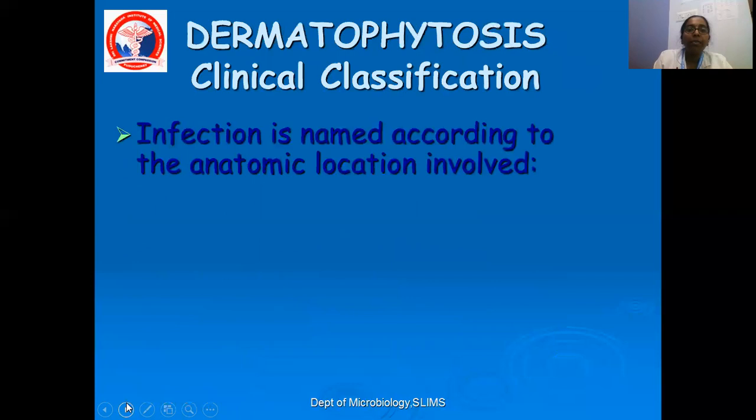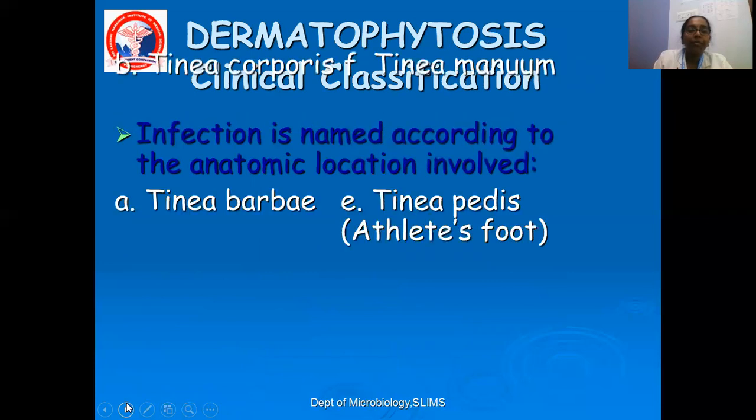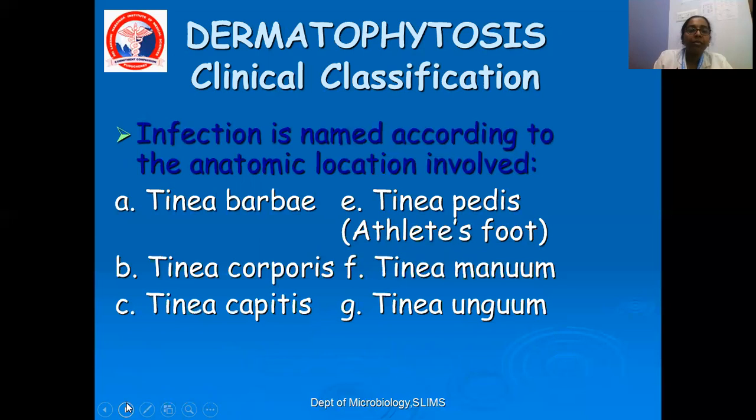Coming to the clinical manifestation, clinical classification, the infection is named according to the anatomical location which is involved. Tinea barbae means which infects the beard. Tinea pedis, pedis means foot, athlete's foot.